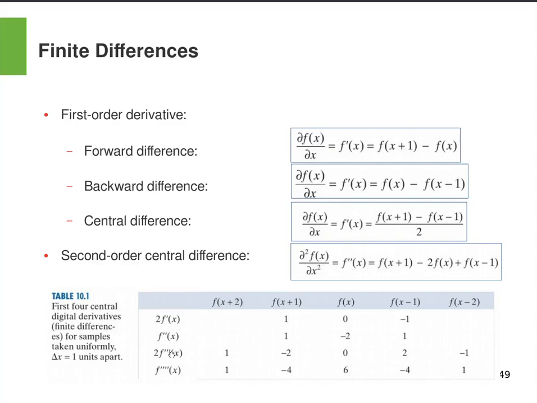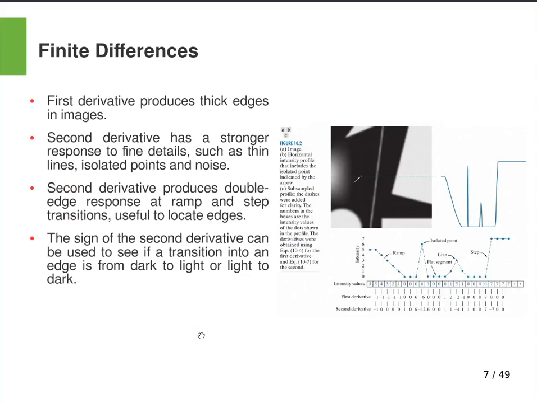Just pay attention that for the first and for the third order derivatives we have these constant 2's that are multiplied, and the reason for that is that to calculate this we are actually using the pixels or the points after and before the actual pixel that we want to find the derivative for, and that's why we have this constant of 2 multiplied by the first and third order derivatives. This is something that we have seen before as well.